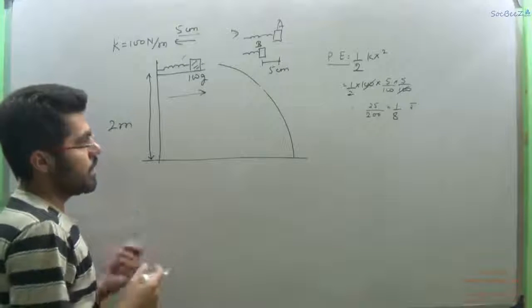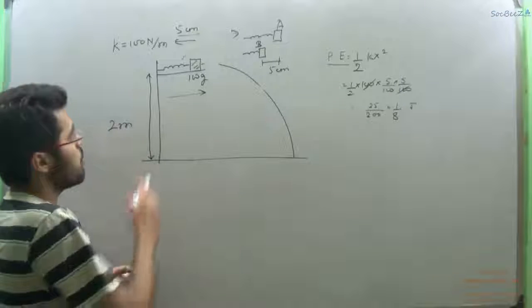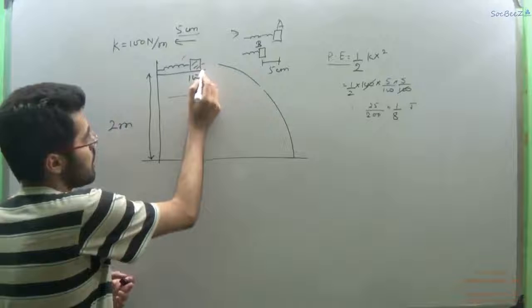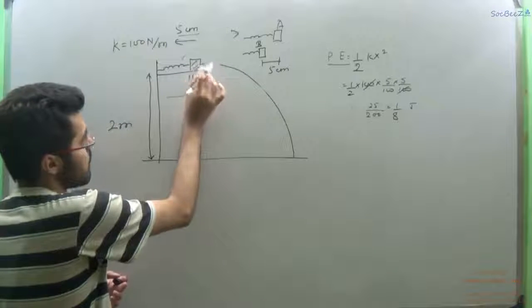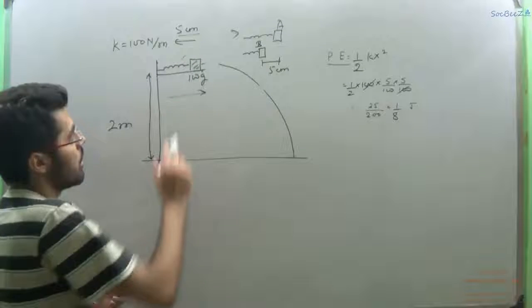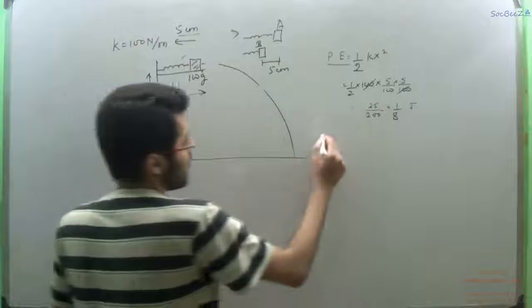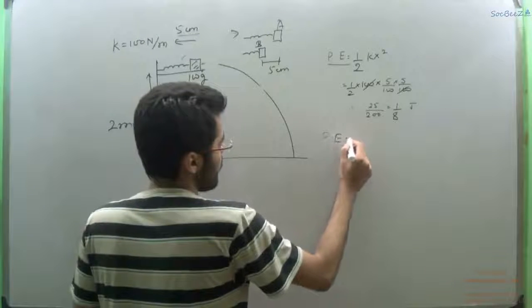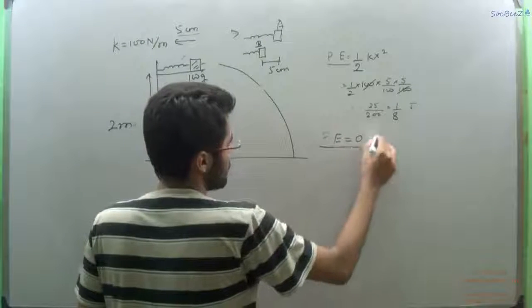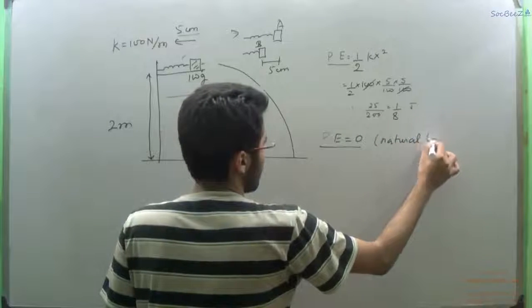When it pushes it back, it will definitely gain some kinetic energy. By the time the spring comes back to its natural length, means at the end of this horizontal bar, at that point the potential energy will be again 0, because the spring is in its natural length.